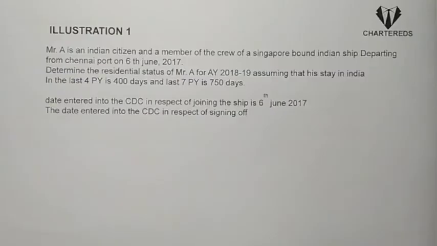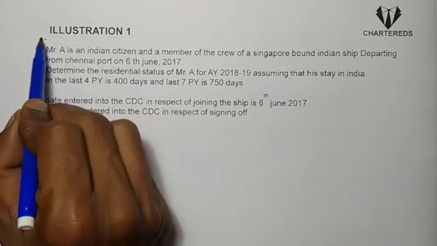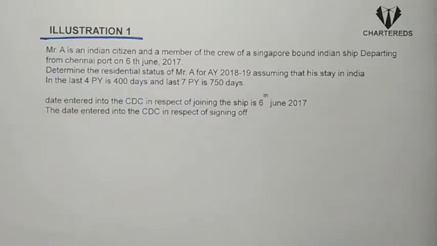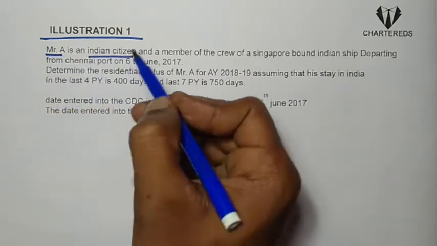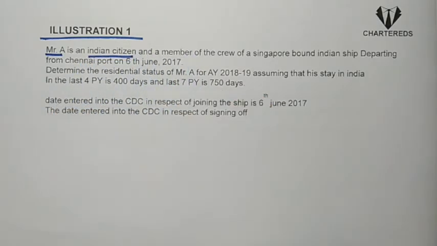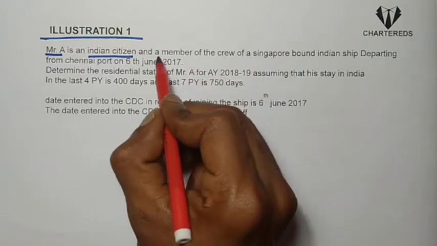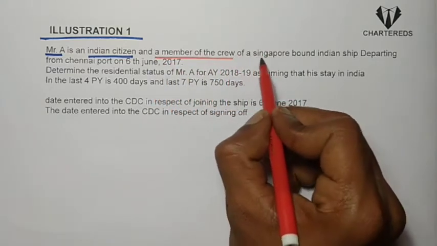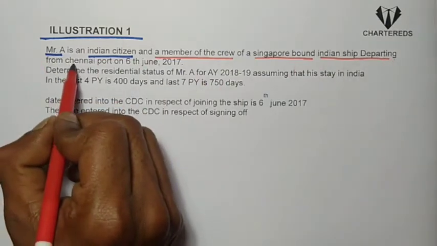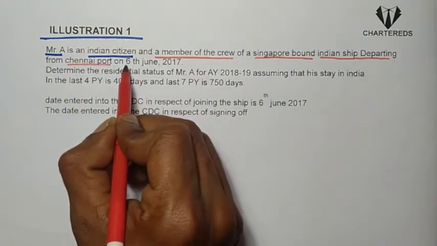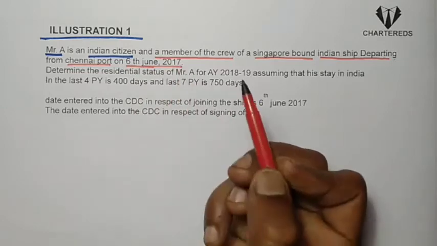So let us see an illustration. Mr. A is an Indian citizen and a member of crew of a Singapore bound Indian ship departing from Chennai port on 6th June 2017.